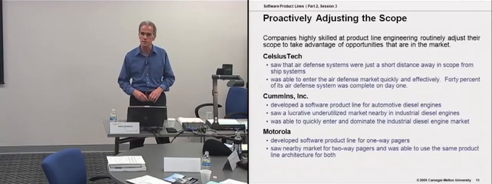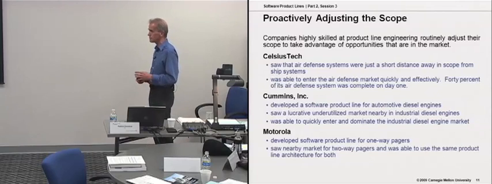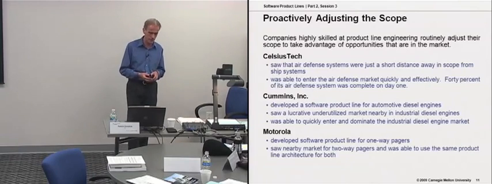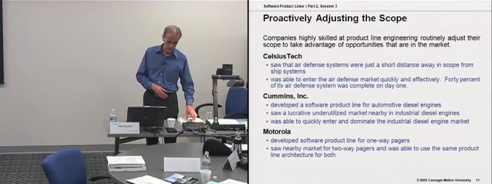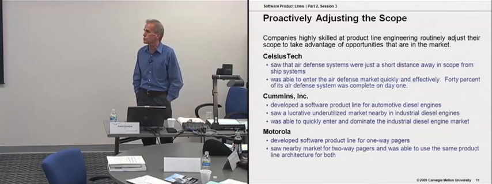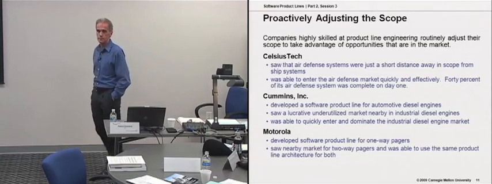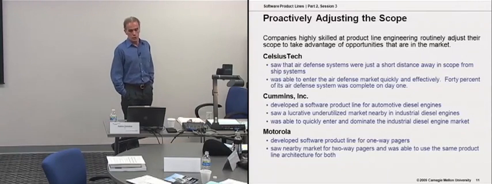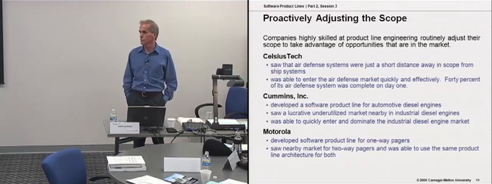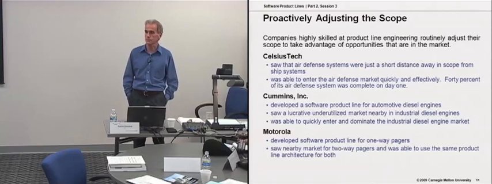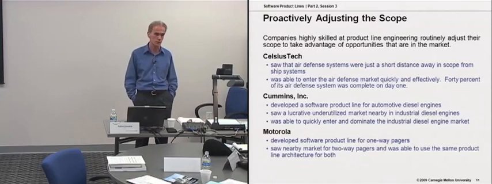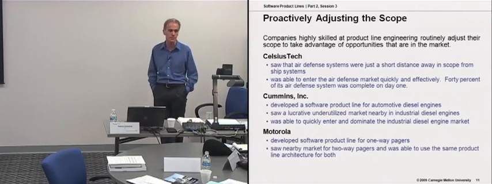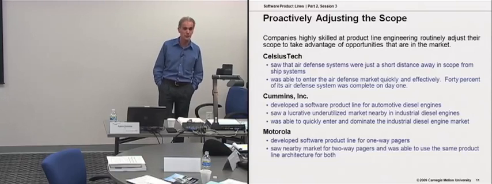An example of this is Celsius Tech. Air defense systems on board a ship are part of the Ship System 2000. They saw a nearby market for shore-based air defense systems. So if you already have the capability to shoot something out of the sky from a moving ship, then shooting it out of the sky from a fixed platform on shore is likely to be a simpler problem, particularly when you don't have to take the ship dynamics into account.